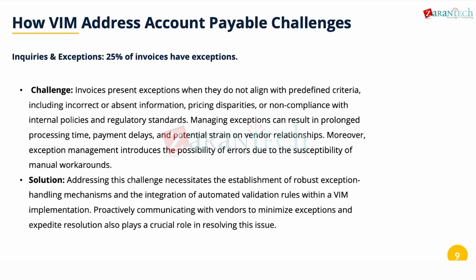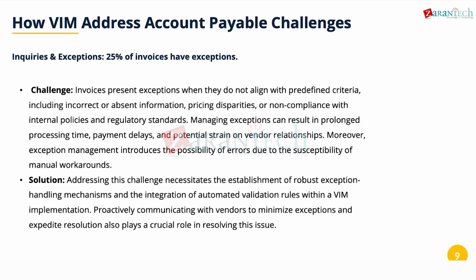So each scenario is so unique, and each scenario will have 2 or 3 outcomes. Depending on that, your VIM solution has to take care of all these exceptions, or the user has to click a button on the VIM solution to go through a particular route.